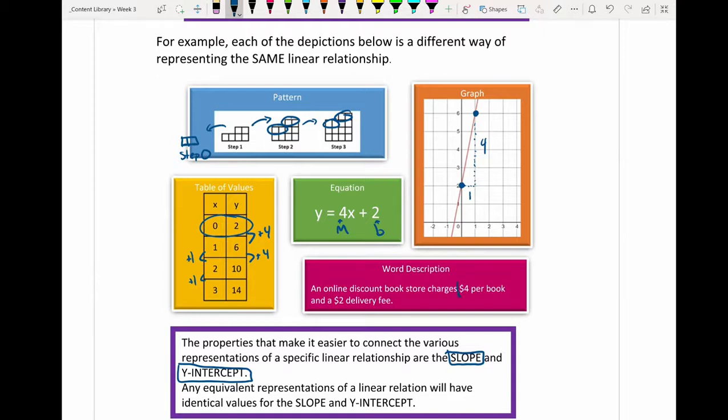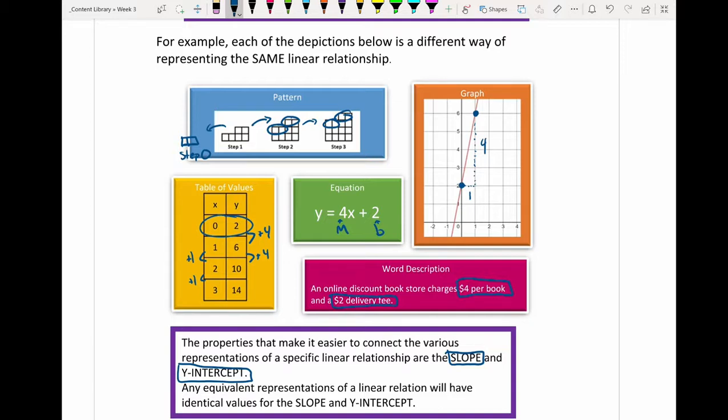We can also see it in our word description. We see $4 per book, which means every time I add 1 book, it's increasing by 4. And we have our flat fee, or delivery fee, or initial fee, or base fee, starting value, whatever you want to call it, which is 2.